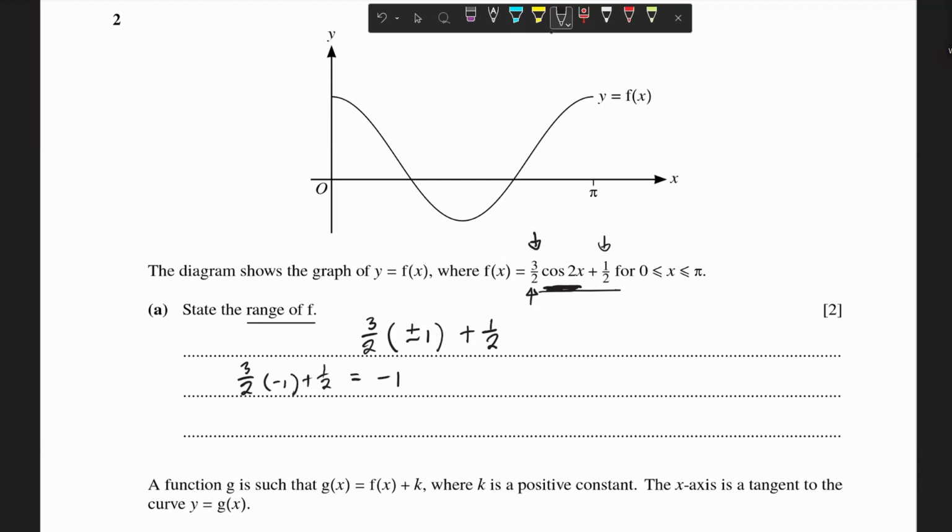So that's basically minus 1. And we have 3 over 2 of 1 plus a half, which is 2. So therefore, the range of f is going to be from minus 1 to 2. So this here is the answer. That's how we do it right here.